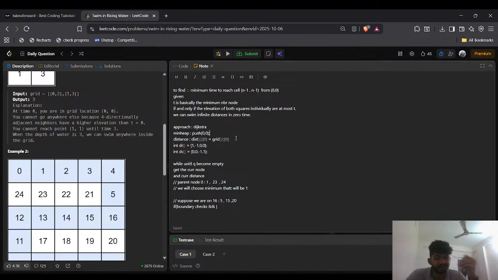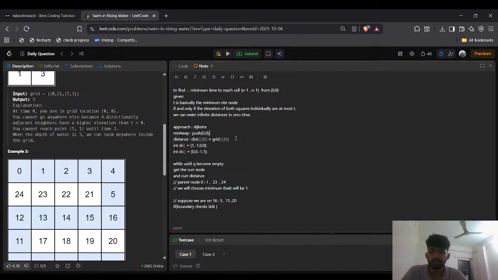We will again be on 0. Or we can do another thing. We are on 16, 5 is visited, we can go to 15 or 20. We will choose the minimum from 15 and 20 and store it.